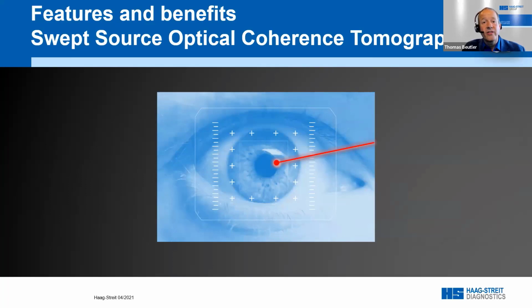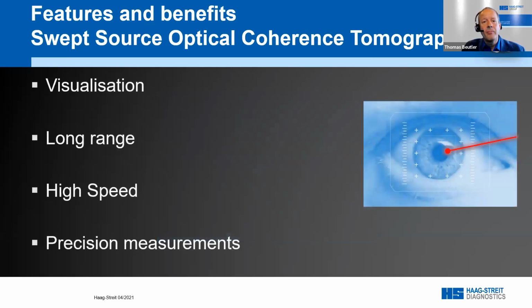And now the question is, why did we choose swept source? There are other technologies available, but there are some special features of swept source technology that are beneficial in the application for cataract, but also for anterior segment surgery. If we want to visualize the eye entirely, we need high resolution, we need high speed, we need a long visualization range.